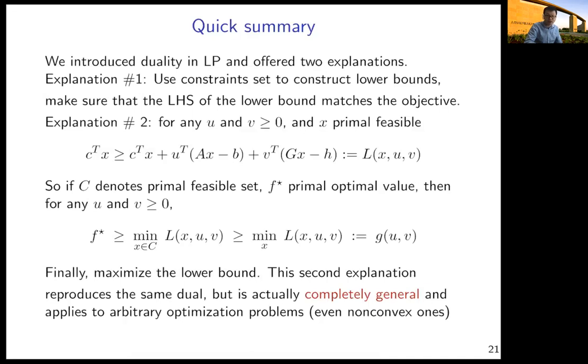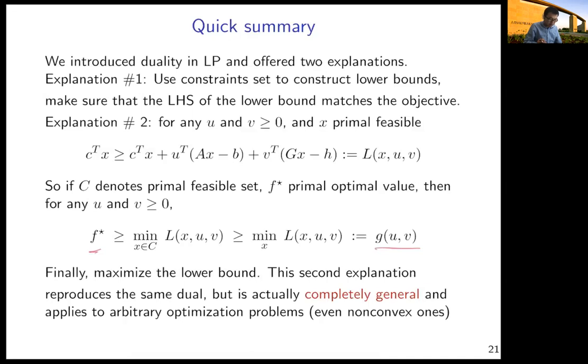By minimizing the Lagrangian over the parameter x, getting rid of x, we get a lower bound of the optimal criterion value in the form of a function parameterized by the introduced dual variables on those constraints.